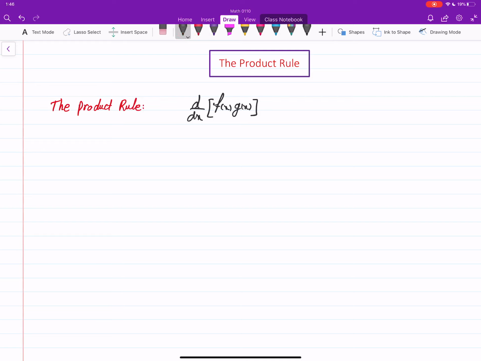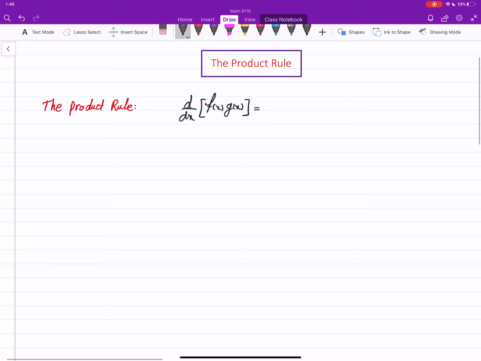What it says is that the derivative of a product is not the product of the derivatives. This is given by the product rule. You need to find the derivative of the first one times the second one, then added to that the first one itself times the derivative of the second one.